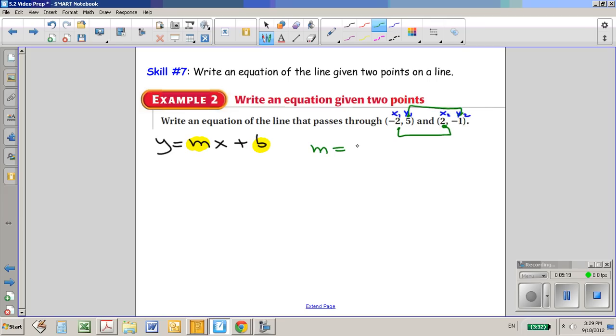So it's going to be negative 1 minus 5 over 2 minus negative 2. And this is going to give me negative 6 over positive 4. And remember to always simplify your slope. And that's going to be my answer. Okay, so negative 3 over 2 is my answer.